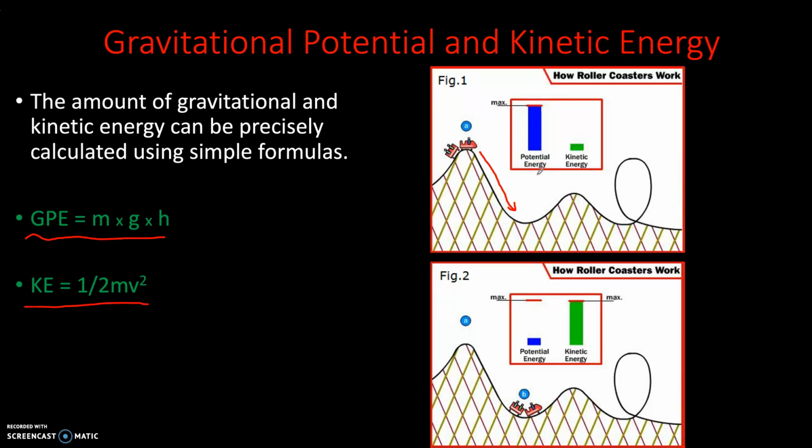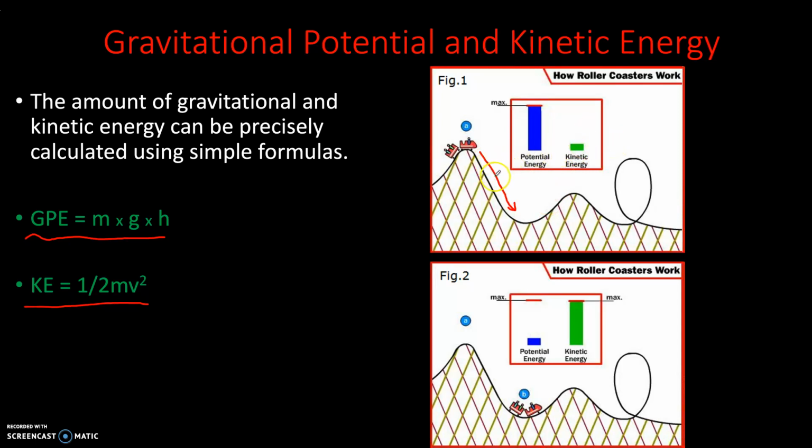Some of it is also transformed into waste energy in the form of heat and sound, so the roller coaster will never be able to rise to its original height, and that's because some of its GPE is being wasted on heat and sound. If you want to go back to its original height, it will need to be hooked up to a chain to pull it up.